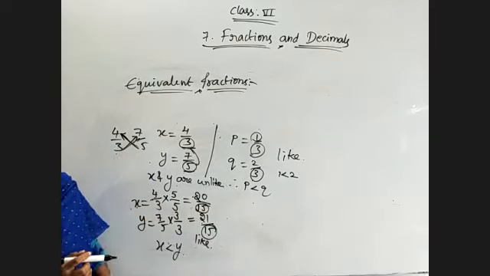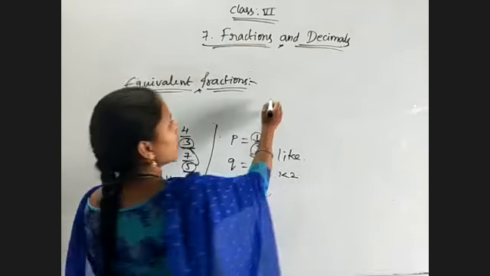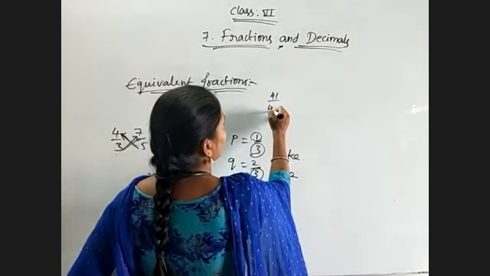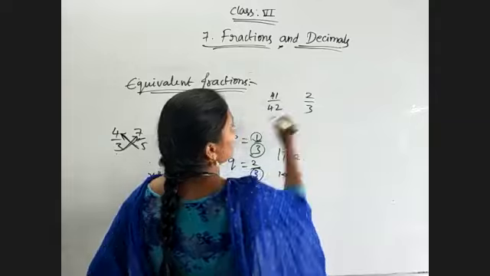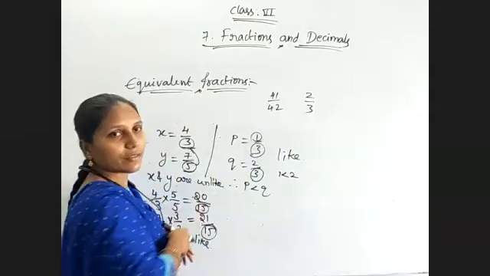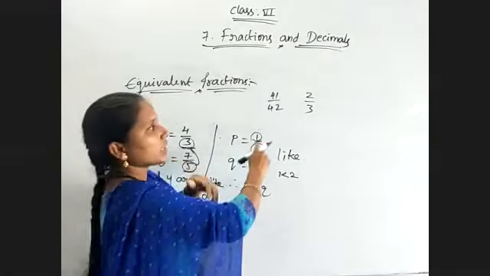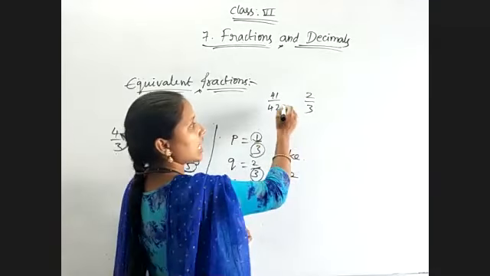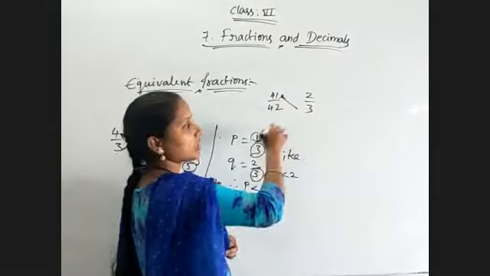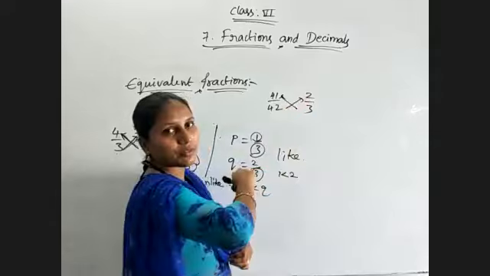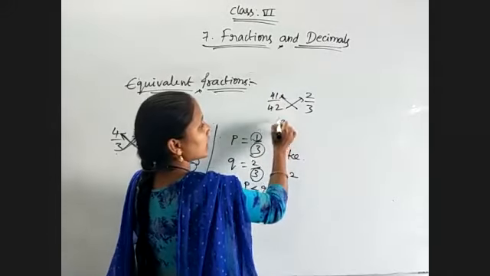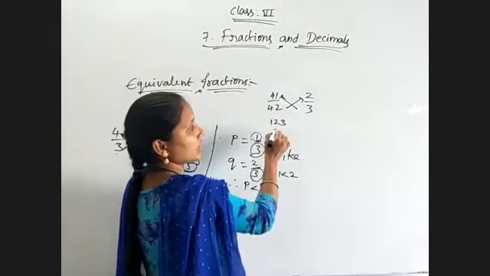That's it. See, suppose they are given 41 by 42 and 2 by 3. Both are unlike, we know that. So go through equivalent fractions, cross multiplication. 3 multiplies for the first fraction, 42 multiplies for the second fraction. 3 ones are 3, 3 fours are 12, so 123.